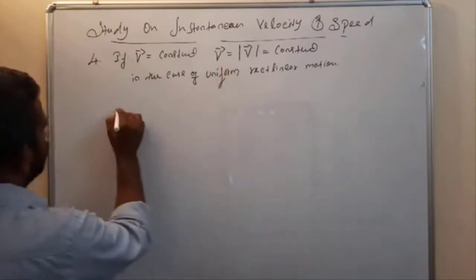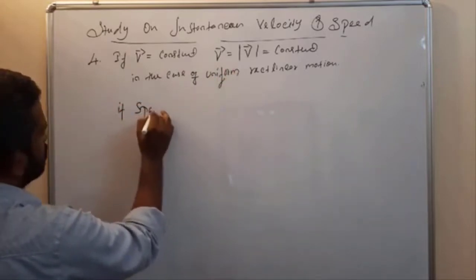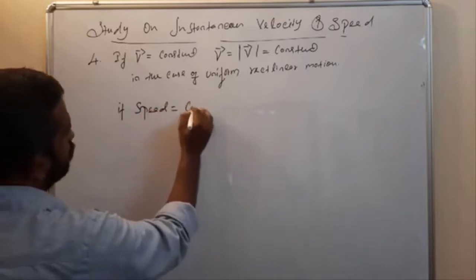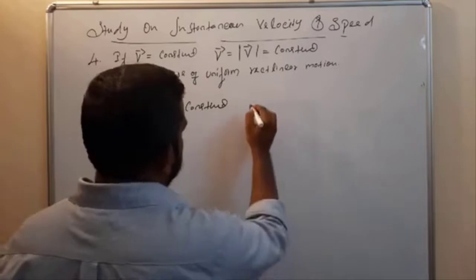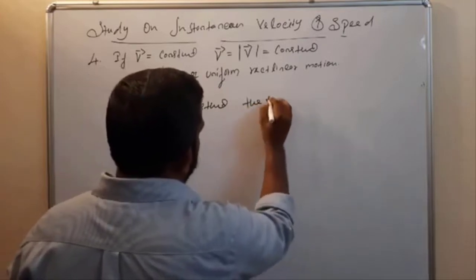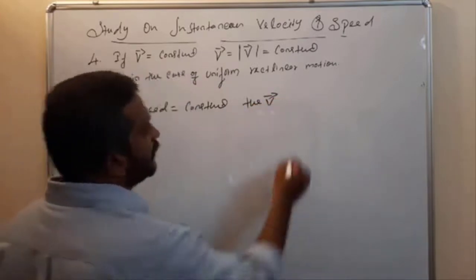Meaning, if speed is equal to constant, then velocity may not be constant.